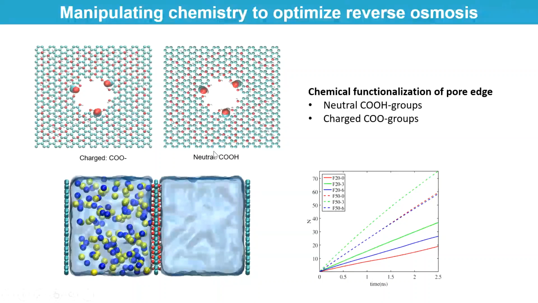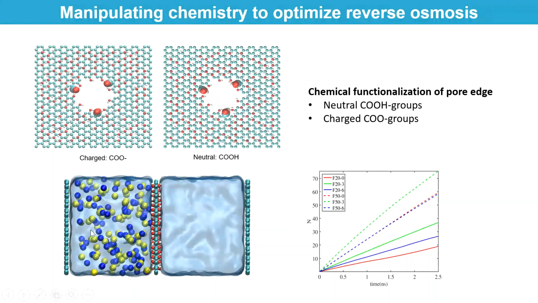Shown here, we can have two kinds of decoration. One is a neutral COOH group decorated on the edge, and in another case, by tuning the environmental pH, we can make these surface groups partially charged. So we have a charged membrane versus a neutral membrane.